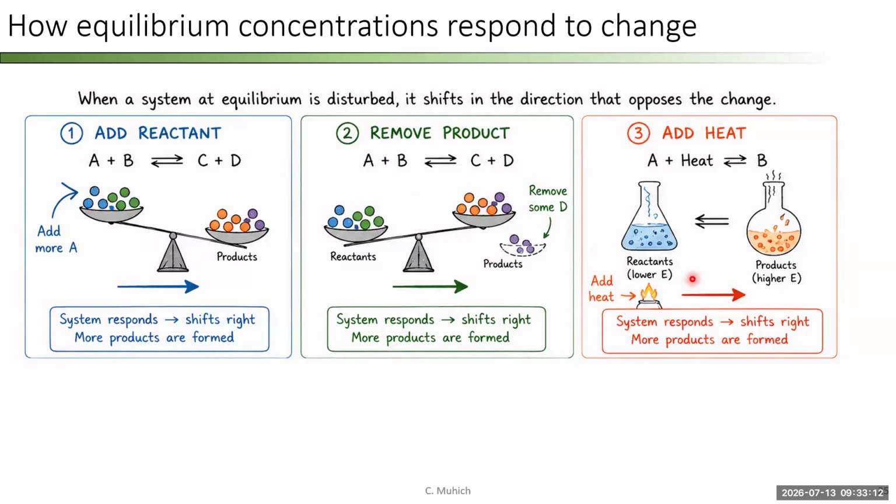And then, of course, we can add heat or change the temperature to change that equilibrium constant to shift things left or right. If in this case we had A plus heat goes to B, if I increase the temperature, I add heat, I'm going to push the reaction to the right. Okay, so all of these things are ways that we can manipulate our reaction and our system.